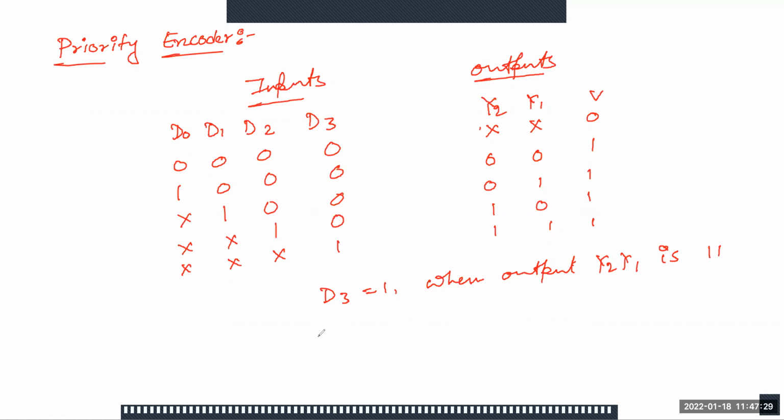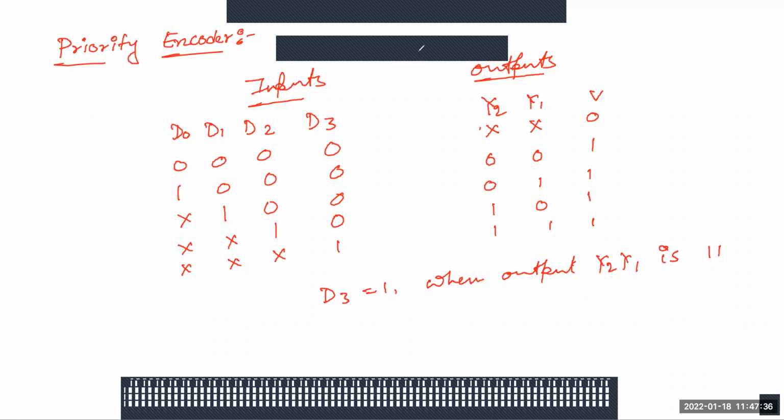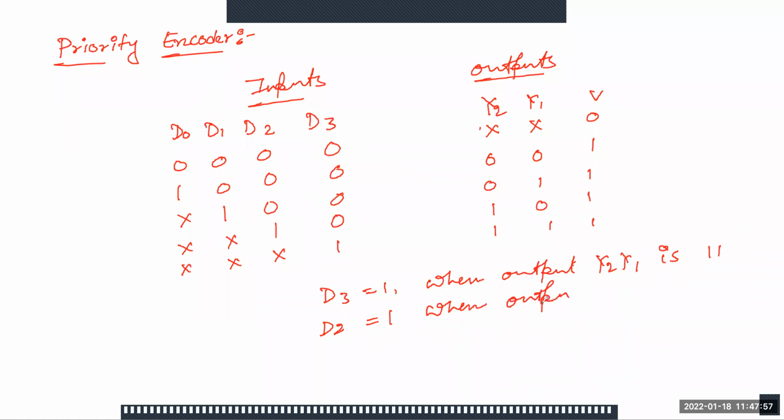For the next priority level, that is D2, when D2 is 1, the output is 1 0.